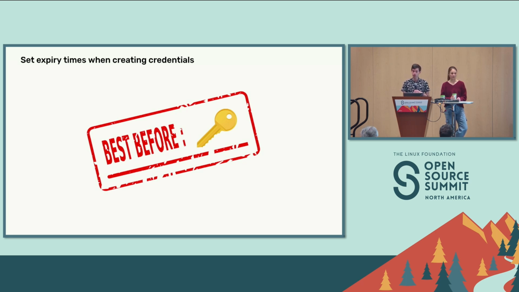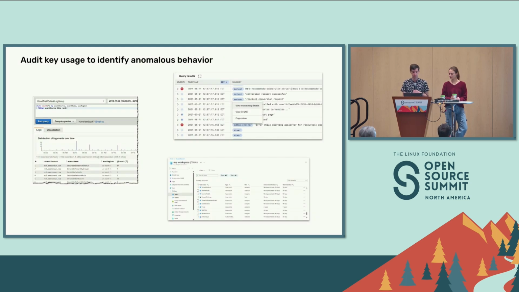Some cloud platforms allow you to set organizational defaults for the expiry time of a service account key that will get applied to all projects within your organization, so take advantage of all of these features if available. We'd also recommend leveraging logging to audit key usage and identify anomalous behavior.